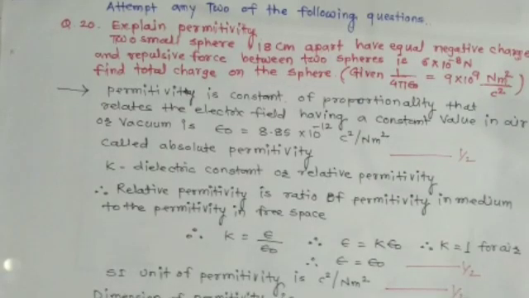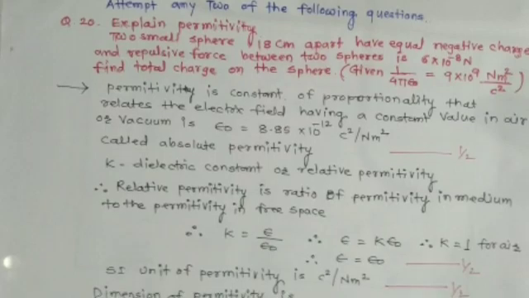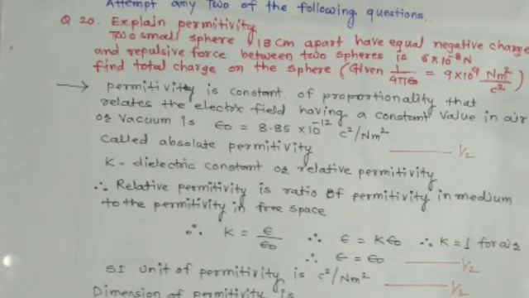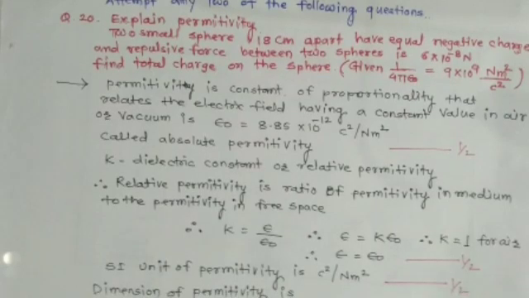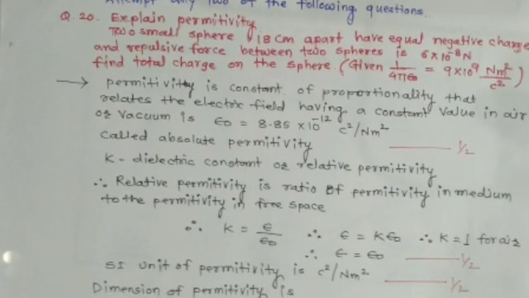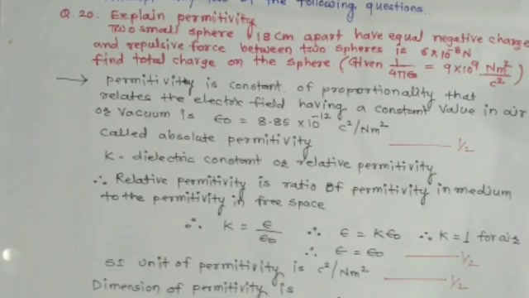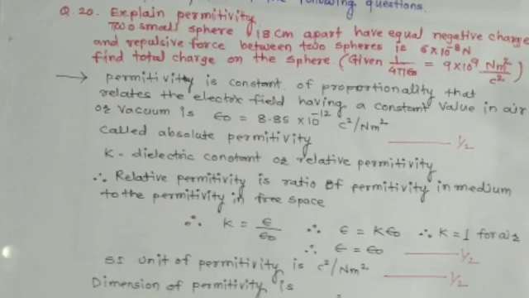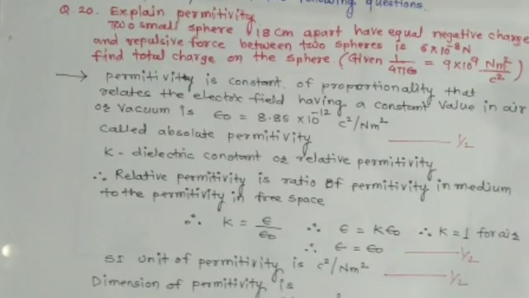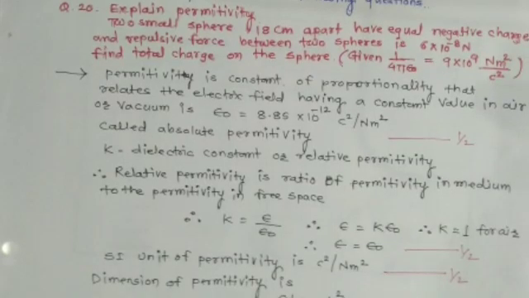So the answer will be: permittivity is a constant of proportionality that relates the electric field. Its constant value in air or vacuum is epsilon 0 equal to 8.85 into 10 raised to minus 12 coulomb square per Newton meter square, also called absolute permittivity.